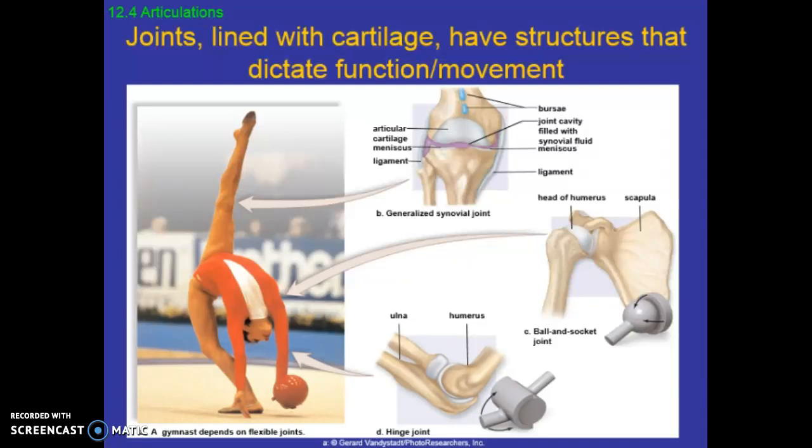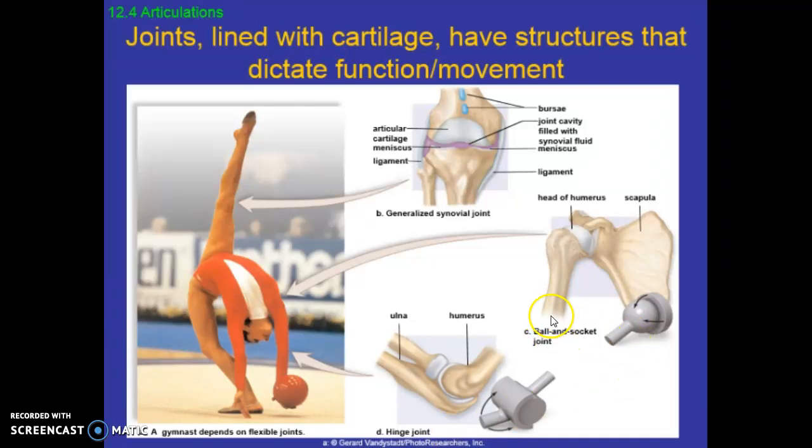And you can see this person here, she as a gymnast is going to depend on flexible joints, and you have a variety of different joints. You have the generalized synovial joint, then you have the ball and socket joint, and then you have the hinge joint. And you can imagine where you might see these.